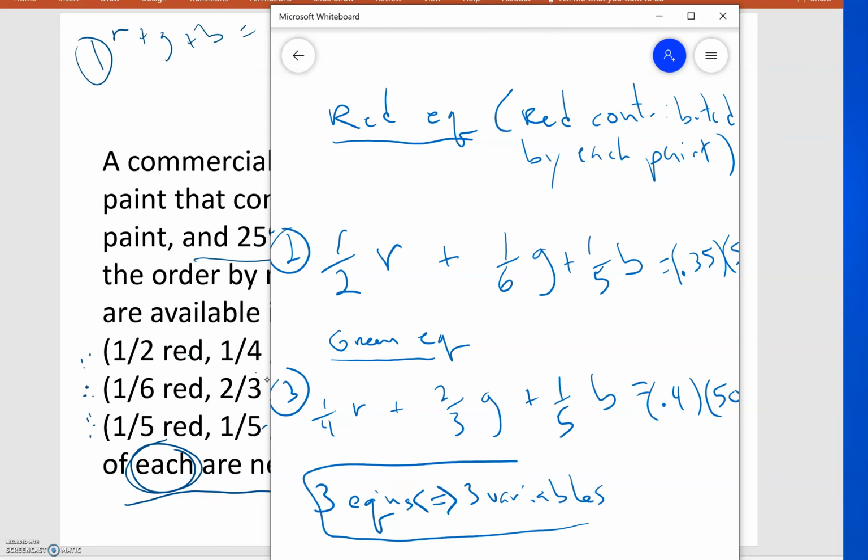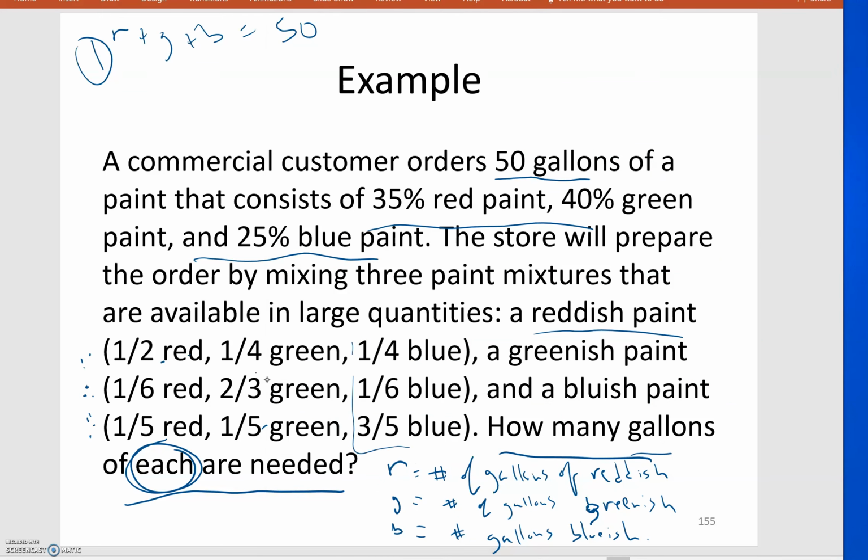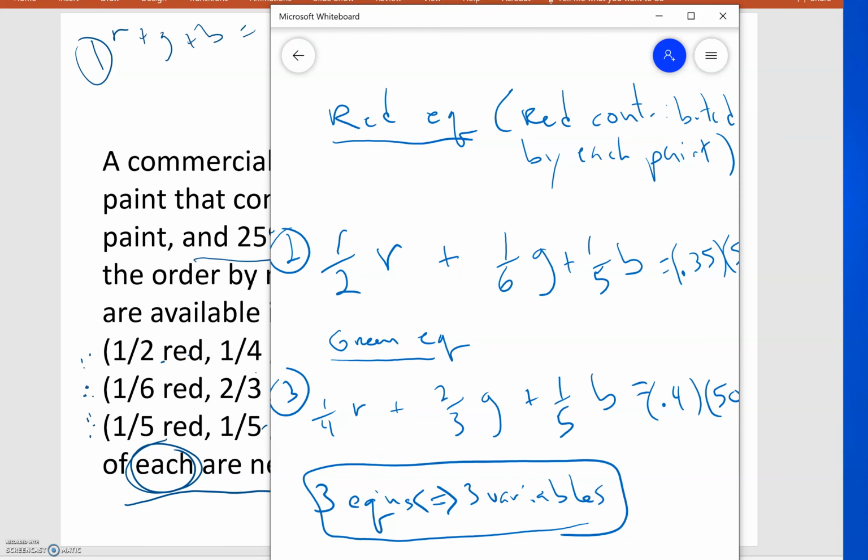So that is sufficient. We do not need to write the 4th equation. The 4th equation would be the blue equation, and you'd write it exactly the same way. You'd use these numbers and that 25%. But we've already encoded all the necessary information in these 3 equations, so having a 4th equation will actually be redundant.